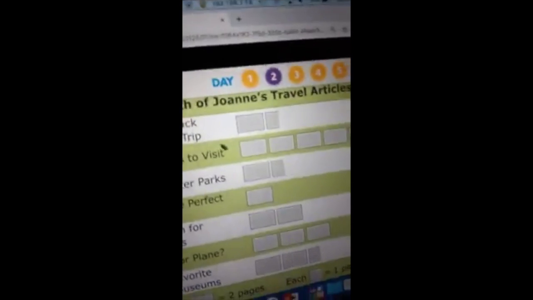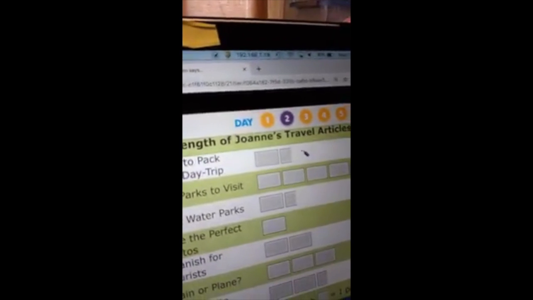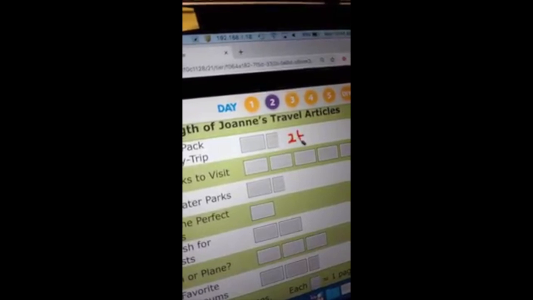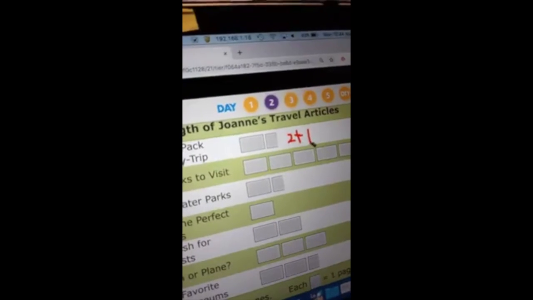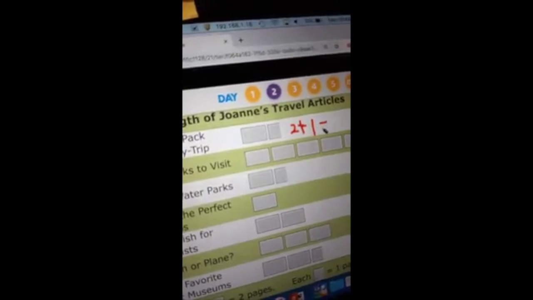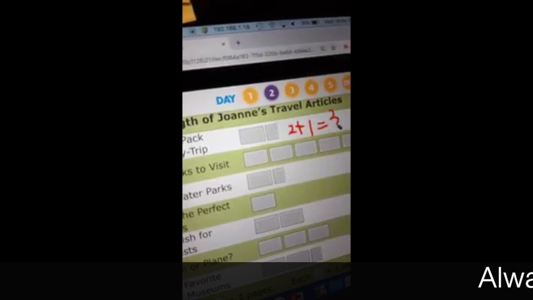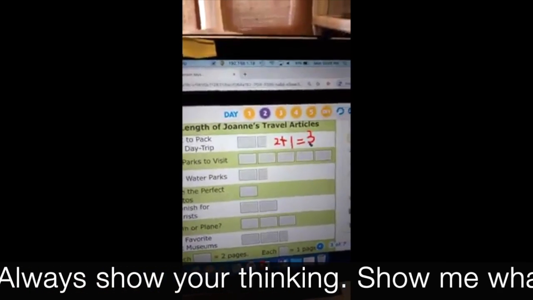Okay, so if I look here, I know that this is 2 pages and this is 1. So I know that 2 plus 1 equals 3. And this is the same way that you guys would answer when you're doing the Convince Me.